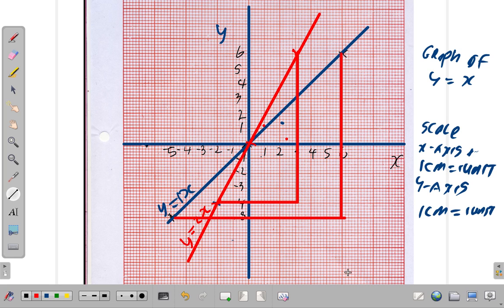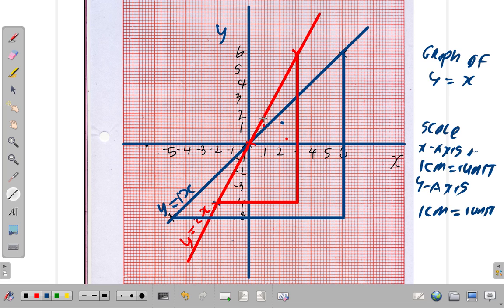We have one line vertical and the other line horizontal to form our right angled triangle. Let me change the color of that to match the line.